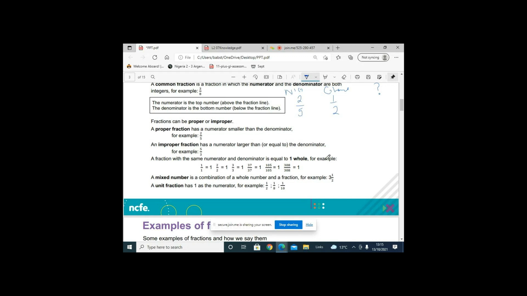Half, that's 50%, then 2/5 is about 40%, it's not up to a third. So what we'll have is 10%. That's 1 over something. You try, to be honest with you.